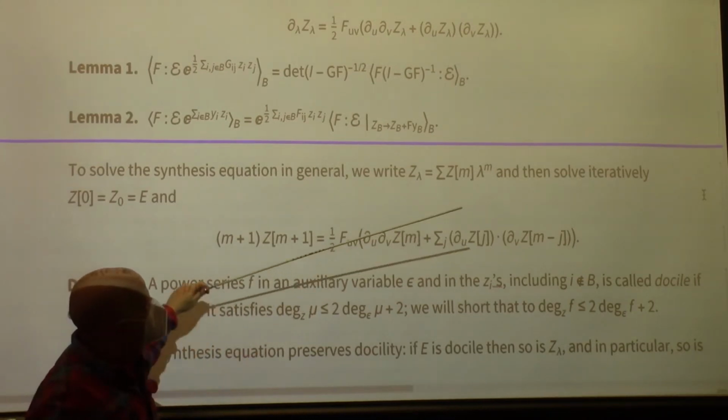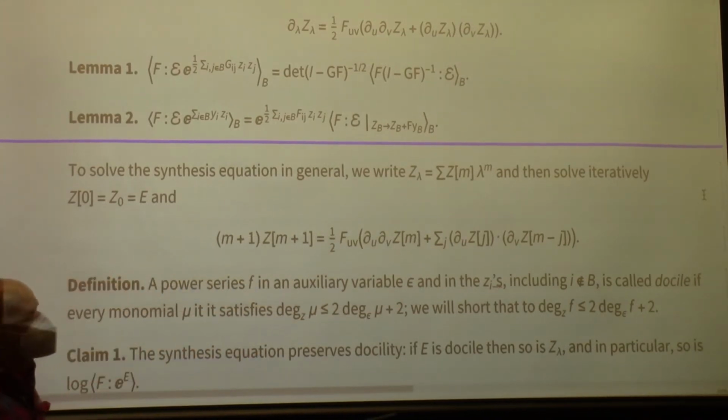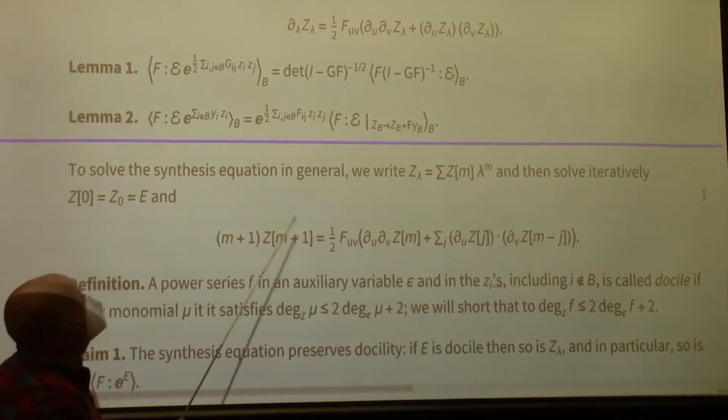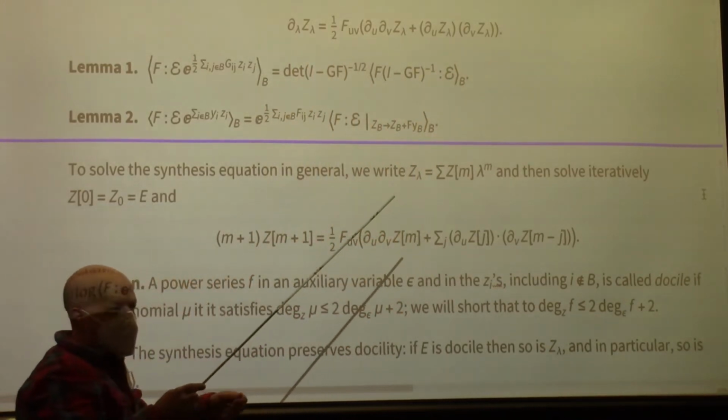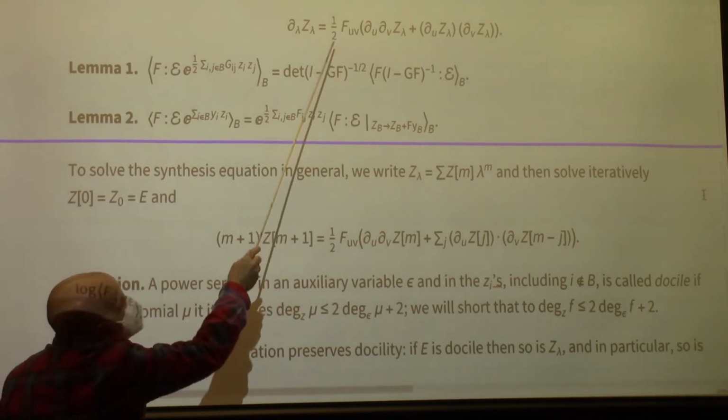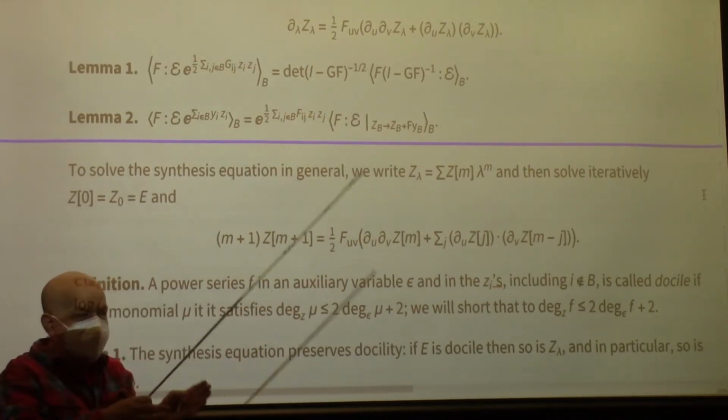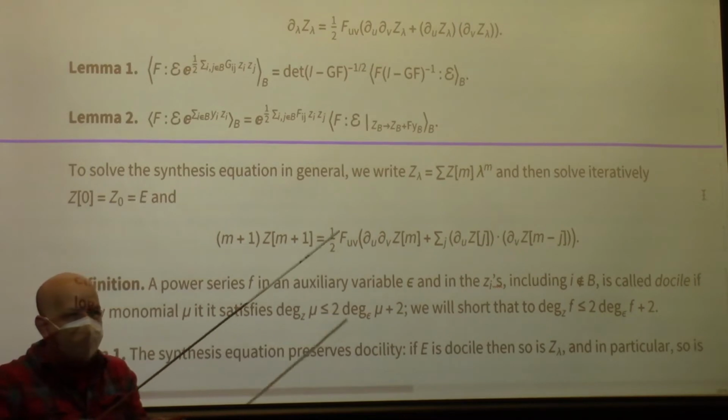And then the equation becomes, so basically, how can I get a term proportional to lambda to the m in this equation? I write it as a power series in lambda, and then I make it into separate equations, one for each power of lambda.